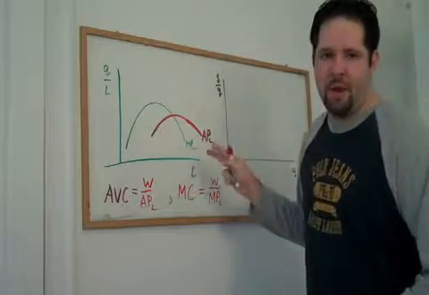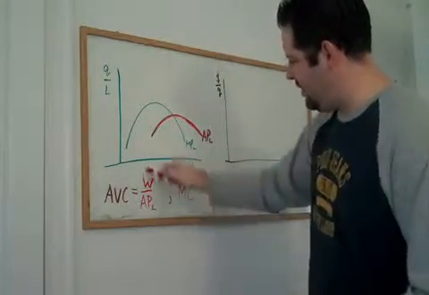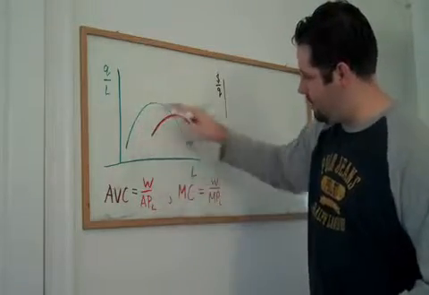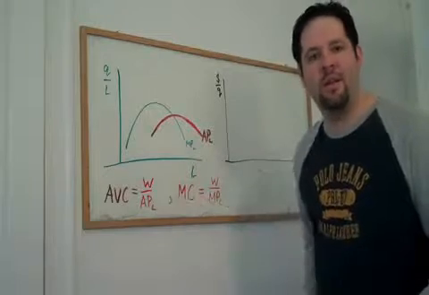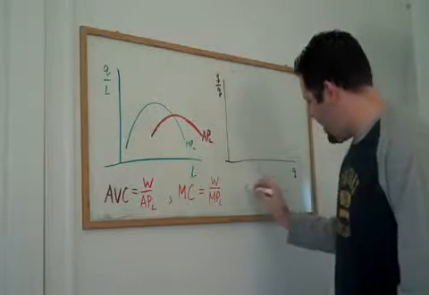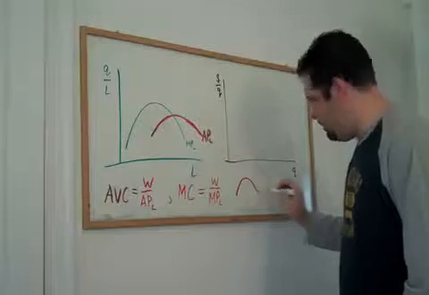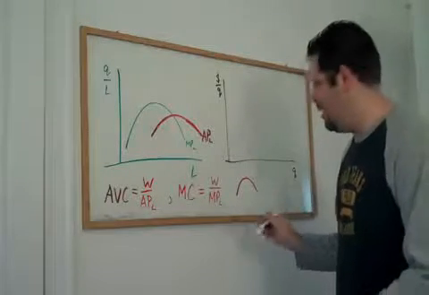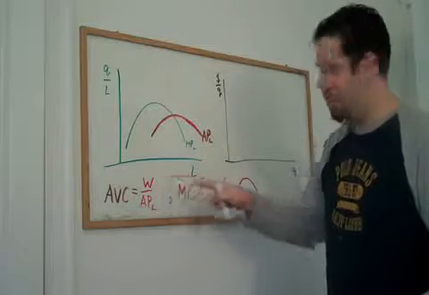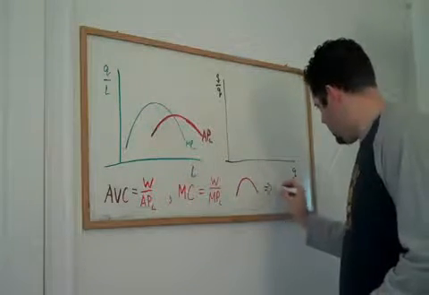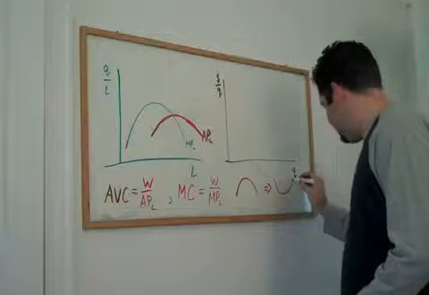Same goes for average product. So notice that with this equation, the numbers that we're inputting are in the denominator, and because we're dividing the same number by these numbers, we're going to get something that looks like this.